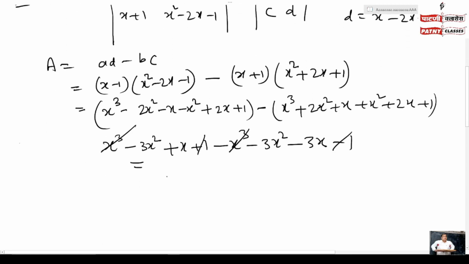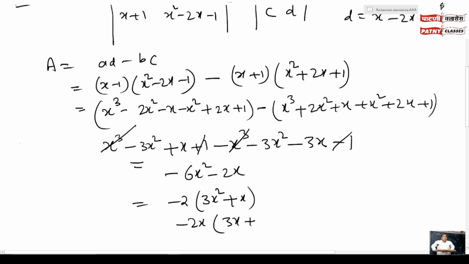You get minus 6x square minus 2x. Taking minus 2 common, 3x square plus x, again x can also be taken common, so 3x plus 1. So the final answer is minus 2x into 3x plus 1. This is the required value of the determinant.